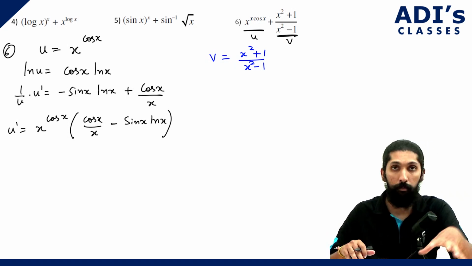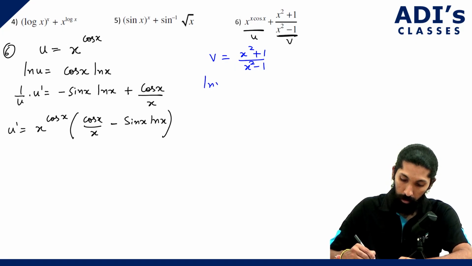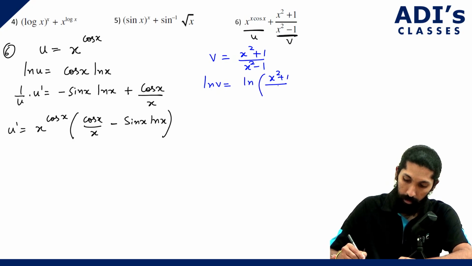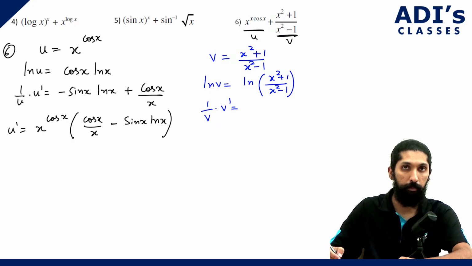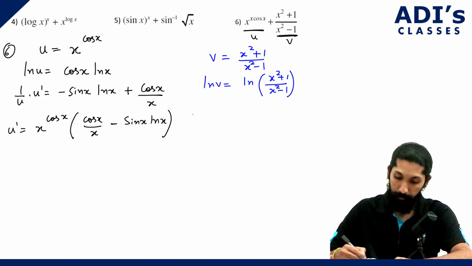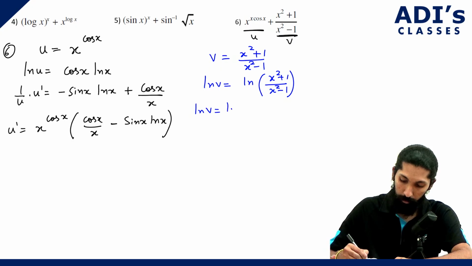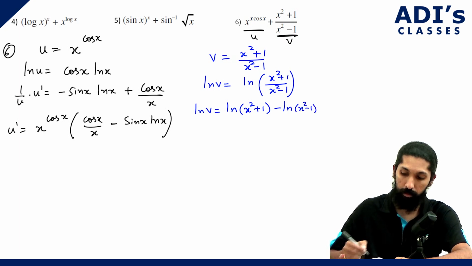So log v is equal to log of x square plus 1 by x square minus 1. Before the derivative, let me do this part: log v is equal to log of x square plus 1 minus log of x square minus 1. This is going to make things a lot easier for you.